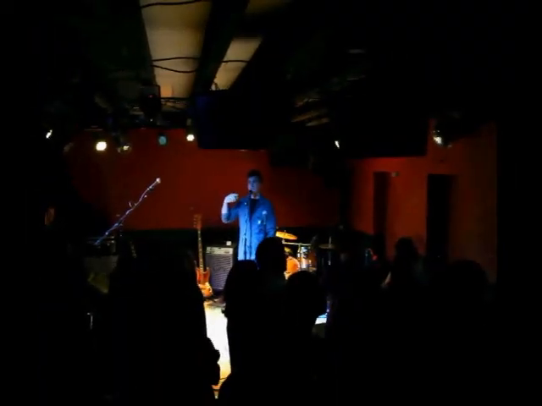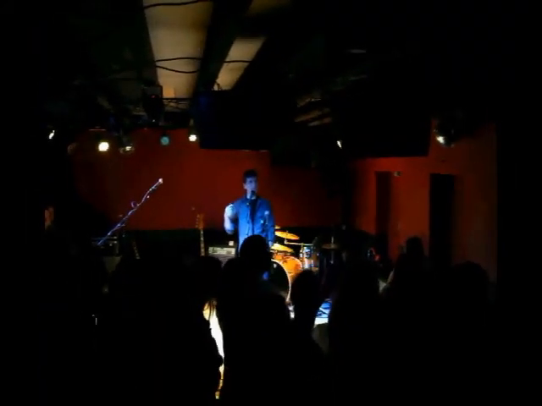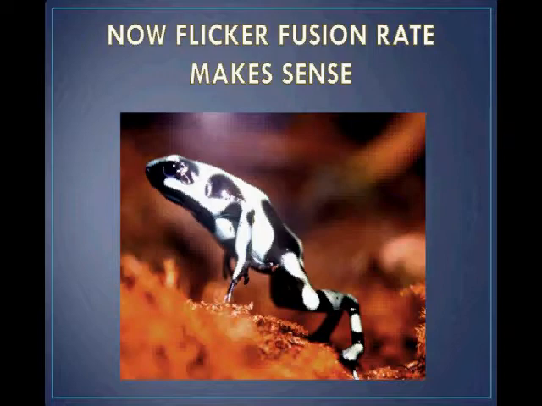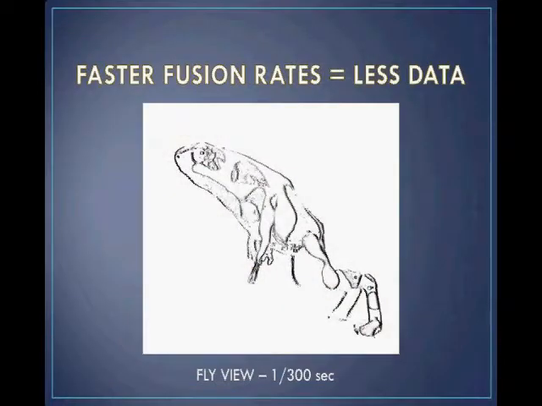Now that you're starting to think like an animal would see, flicker fusion that I'd mentioned earlier starts to make more sense. This is what a human being would see if we watch this frog leaping forward. A fly, on the other hand, within a 300th of a second, would see that outline of the frog.